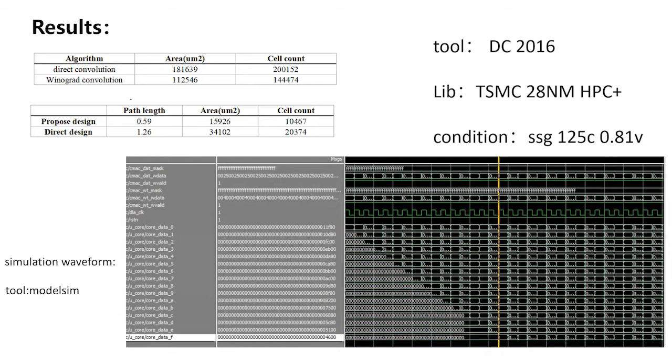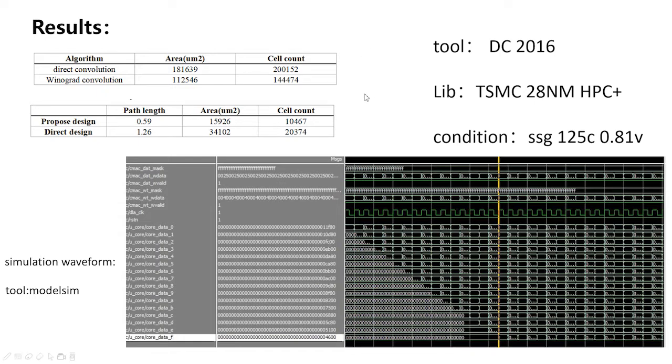Here are the results. We use Design Compiler 2016, TSMC 28 nanometers HPC plus. The working condition is SS global 125, and the voltage is 0.81 volt.